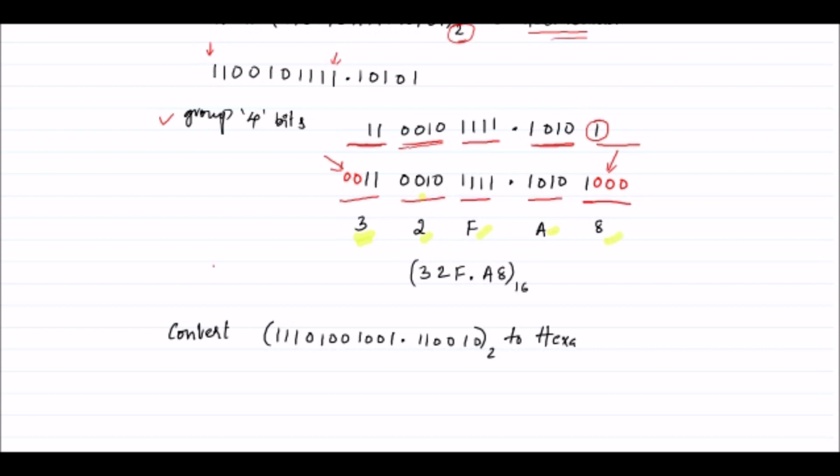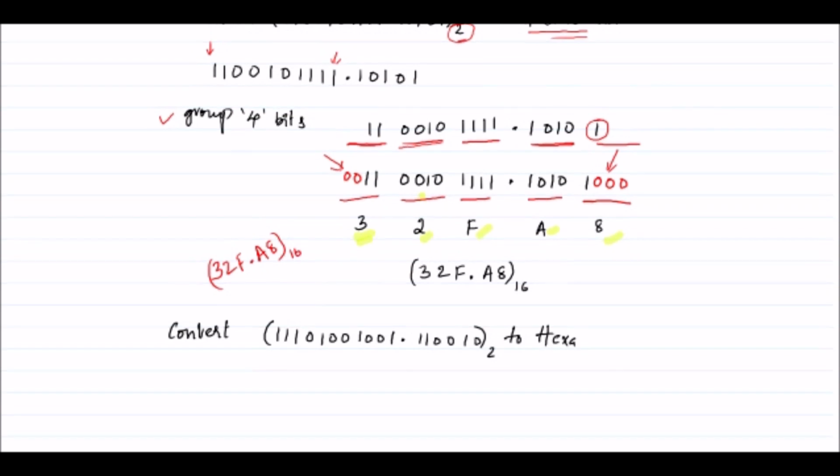So after completing the grouping and making the hexadecimal equivalent, I can write 3F.A8 base 16.